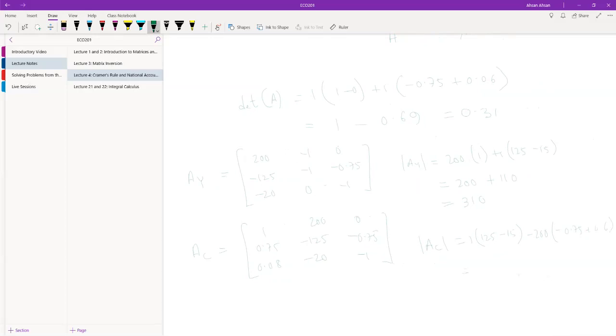So we have 110. Once again, I'll need my calculator to do this. Minus 0.75 plus 0.06, this times minus 200.